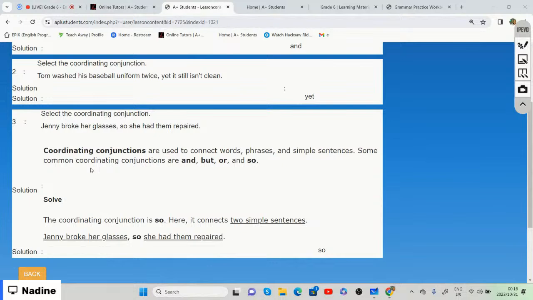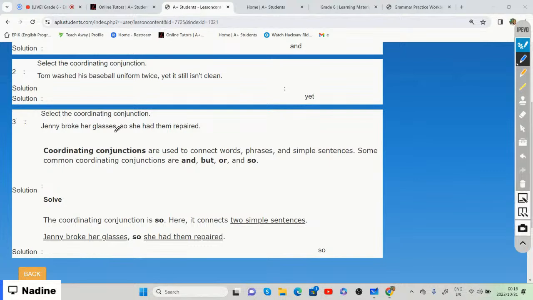So is our coordinating conjunction, which connects two simple sentences.